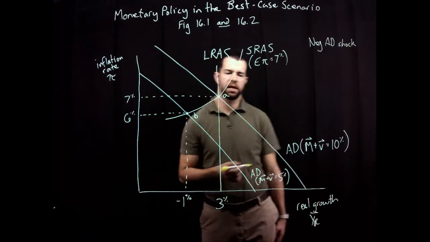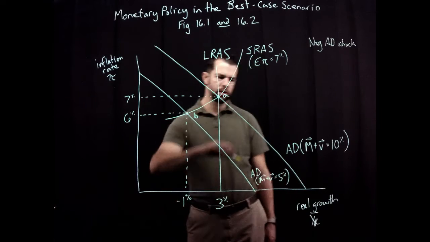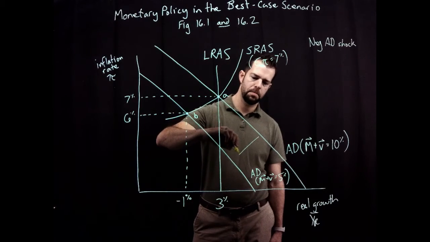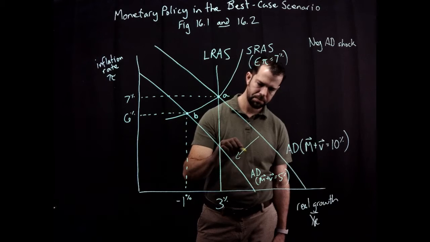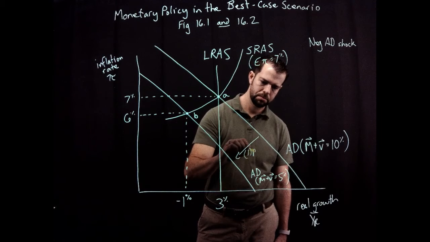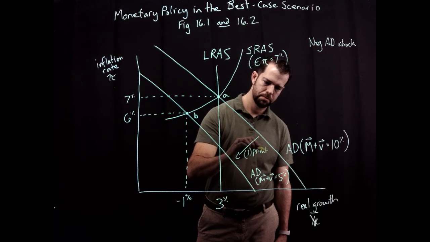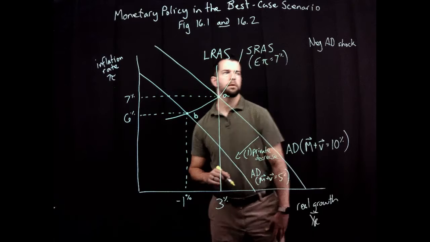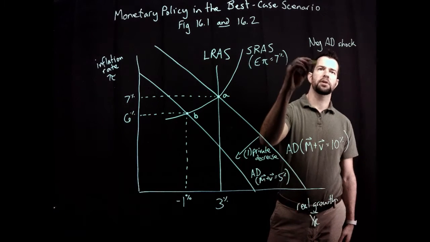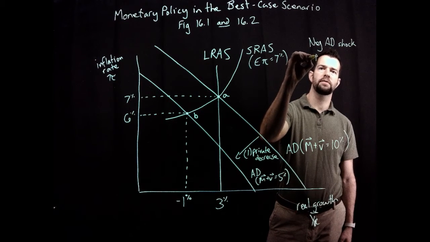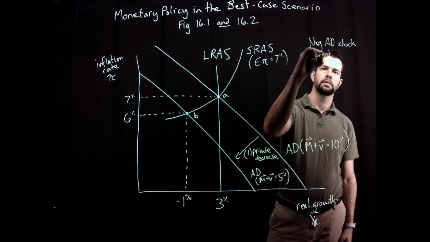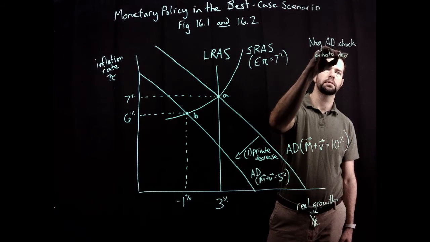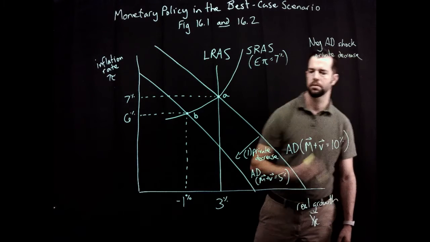Now, where is this negative aggregate demand shock coming from? Well, it's coming from a private decrease. So that negative aggregate demand shock, it's a private decrease. Okay.